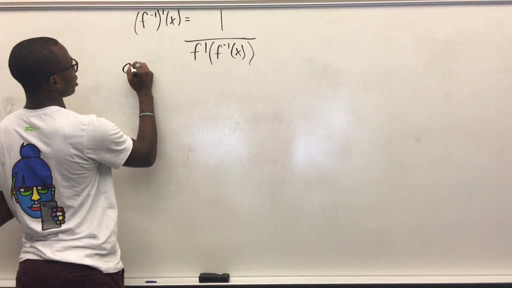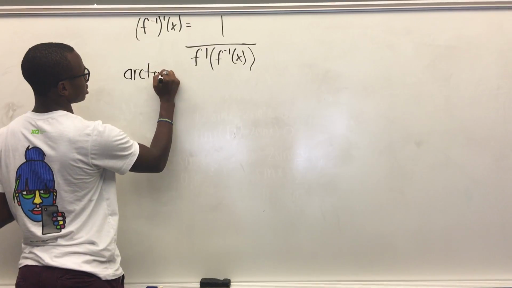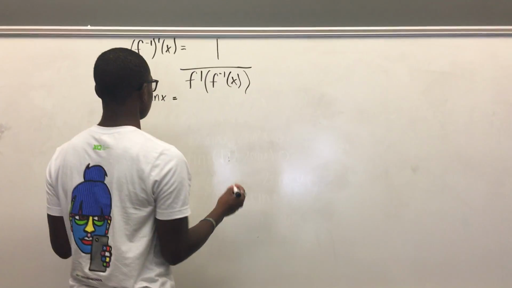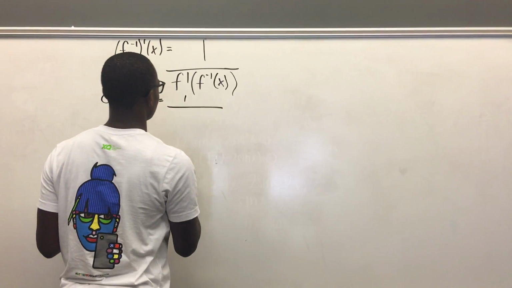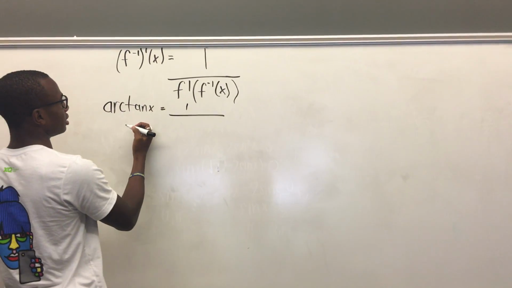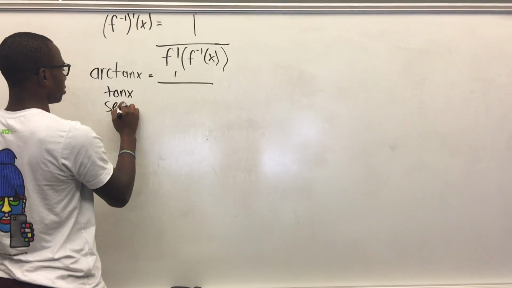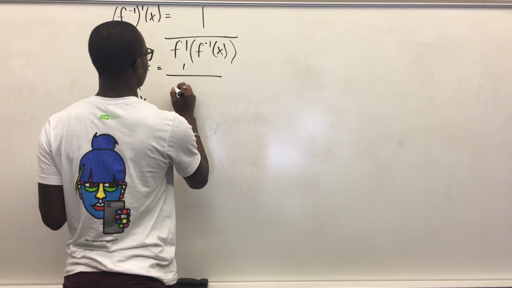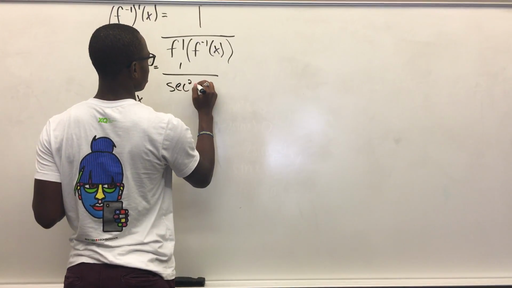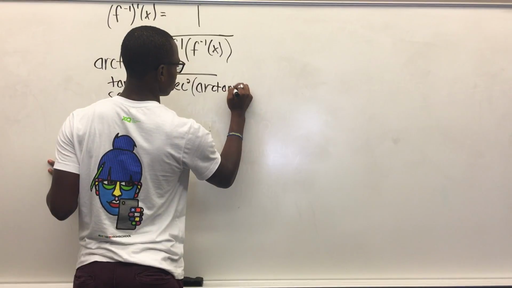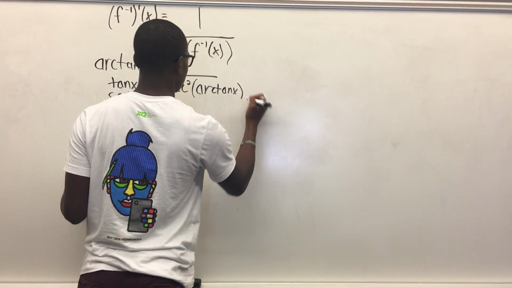using that, I find the derivative of arctan of x is equal to 1 over f prime, and that's not the inverse, so this is f, and so this would be f prime, f prime composed with the inverse of f, which is arctan of x.